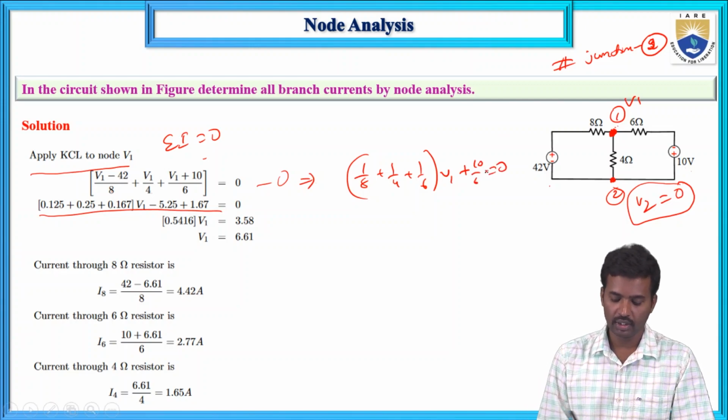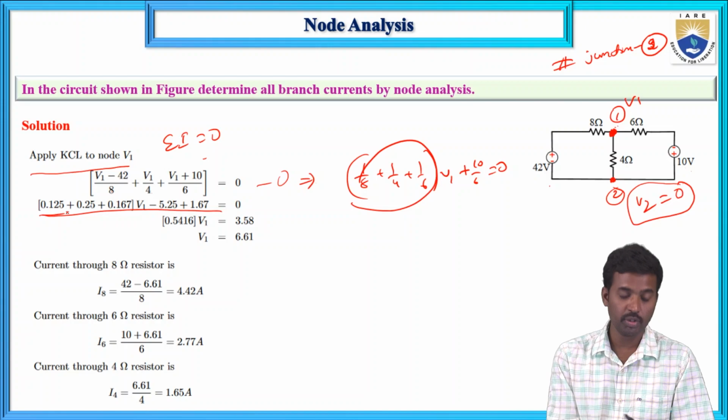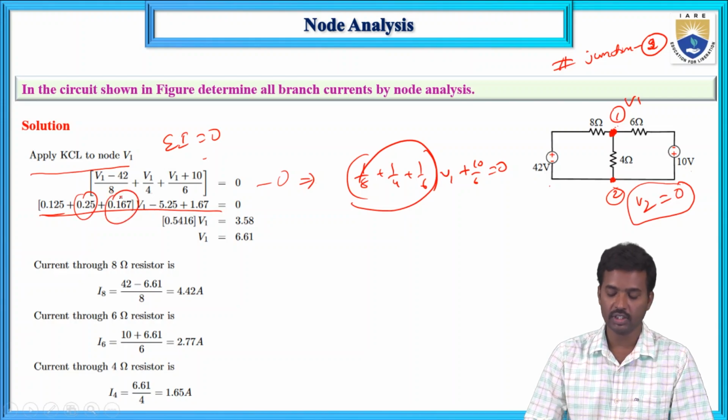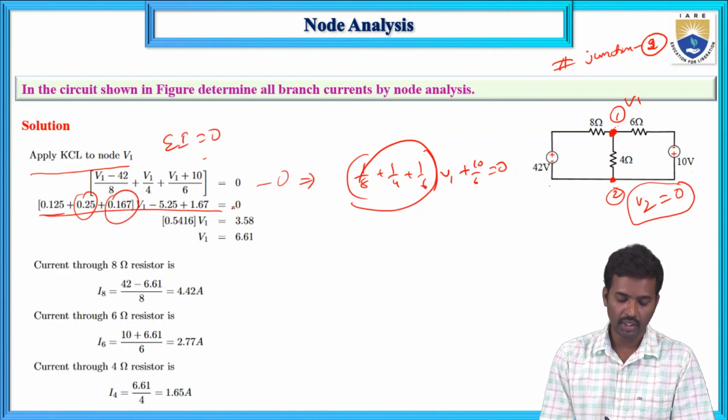The values are 1 by 8 means 0.125, 1 by 4 means 0.25, and 1 by 6 means 0.167, into V1. And minus 42 by 8 means minus 5.25, and plus 1.67, equals 0.